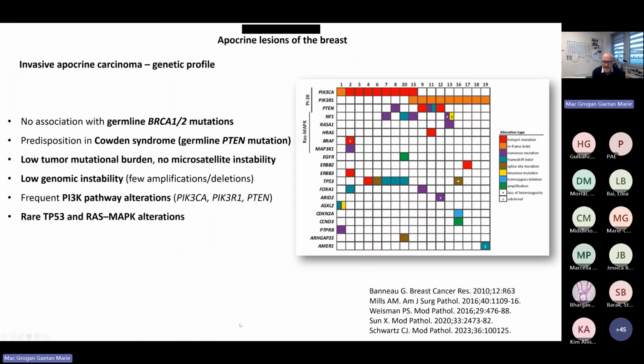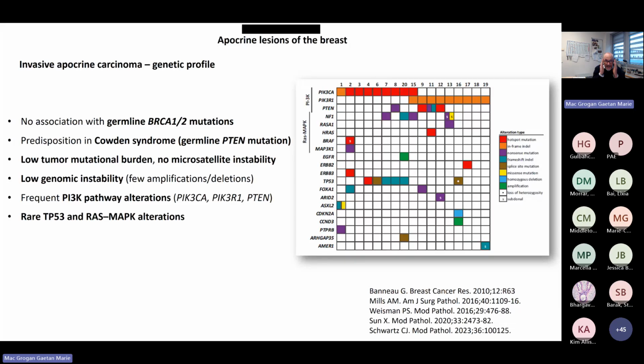There are not many studies on the molecular genetics of invasive apocrine carcinoma. This is a summary of what I found. There's no association with germline BRCA1 or 2 mutations. There may be a predisposition to invasive apocrine carcinomas in Cowden syndrome with a germline PTEN mutation.